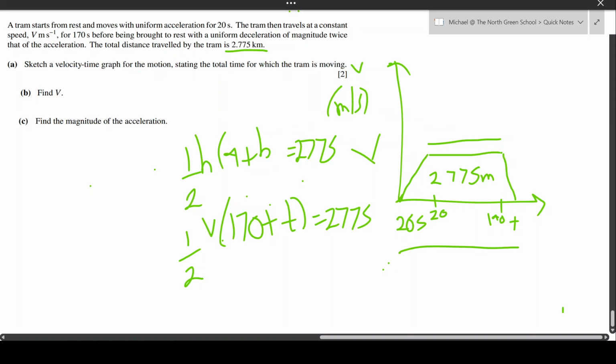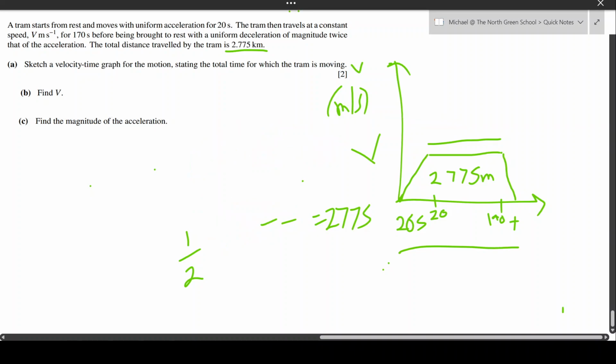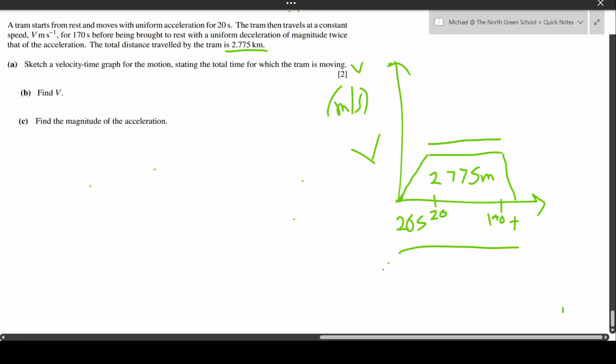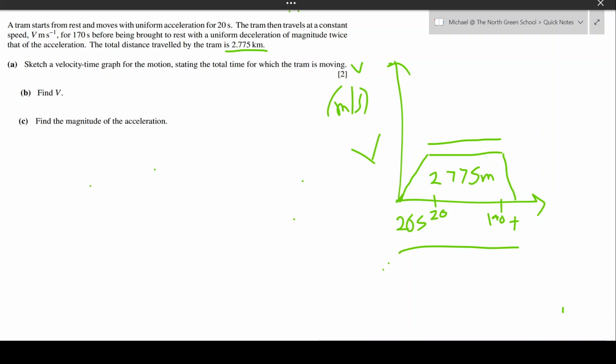So for this question, what we're going to use is some logical reasoning. If the train comes from speed 0 to speed v and it takes 20 seconds at acceleration a, what if it decelerates even faster?